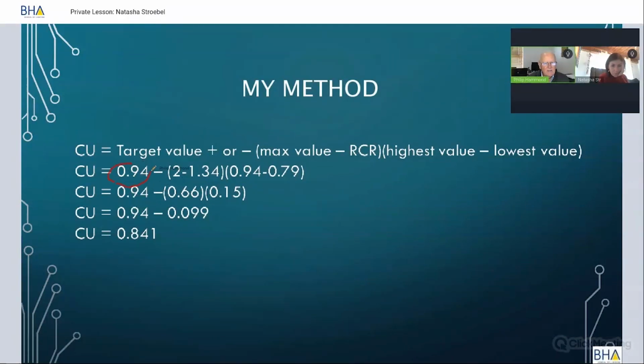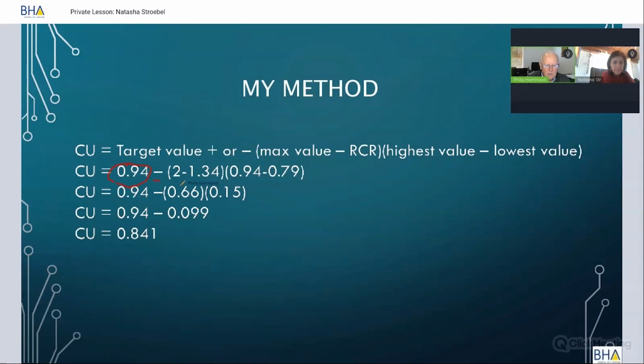And we've got to take away. Now we want to find the reverse of this 1.34, the room cavity ratio that we calculated. We want to know what's the opposite side of it, in other words, the reciprocal value.